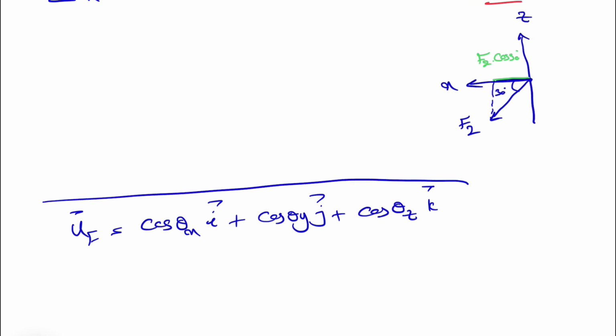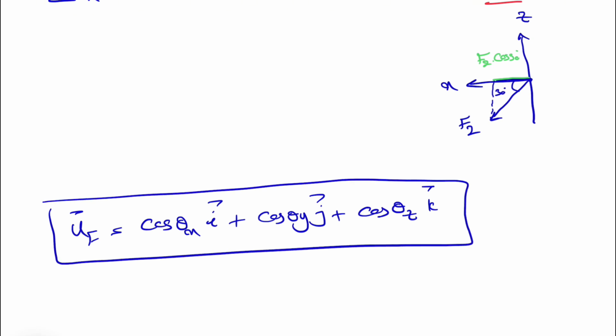That's one way of showing the unit vector, and we need to memorize this formula. In the previous video, I showed where this is coming from. It's basically from the definition of the unit vector.